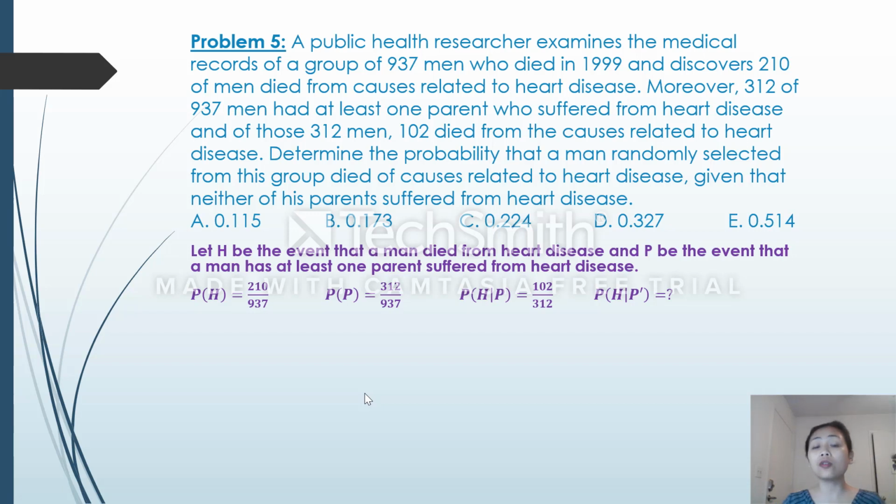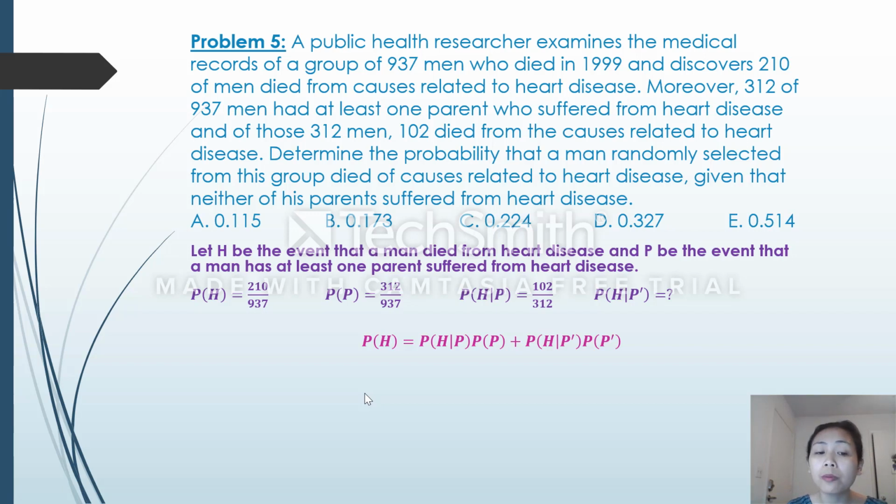So now let's take a look back. We have mathematically modeled the problem. We are given the probability of X, the probability of P, the probability of X given P, and we need the probability of X given P prime. So don't forget one thing: the probability of X is the probability of X given P times the probability of P, plus the probability of X given P prime times the probability of P prime.